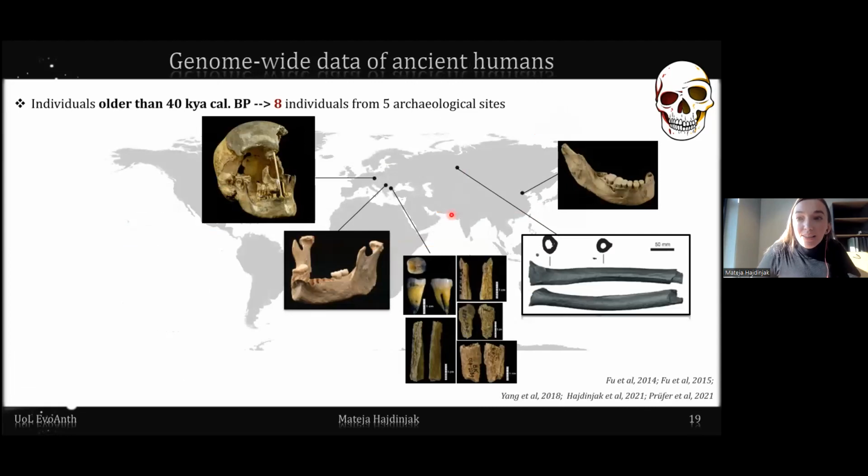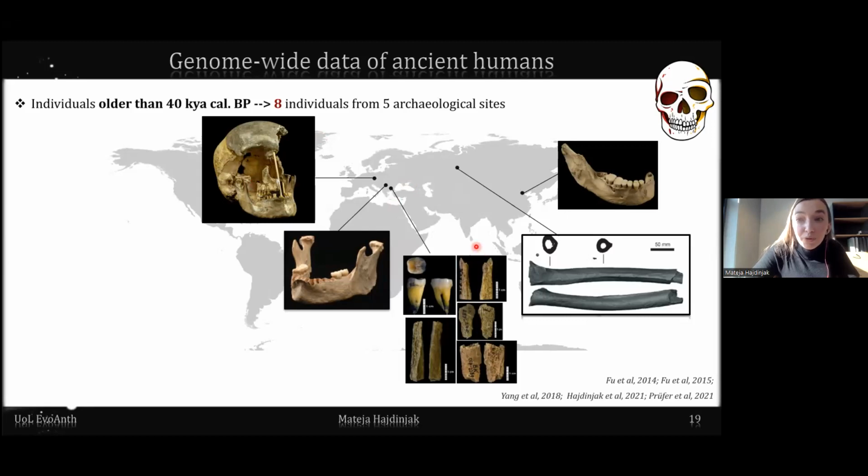So recently, the number of ancient human individuals that are older than 40,000 years was increased from 3 to 8 by obtaining the genome-wide data from an additional individual called Zlatý Kůň from Czechia, which is around 45,000 years old.